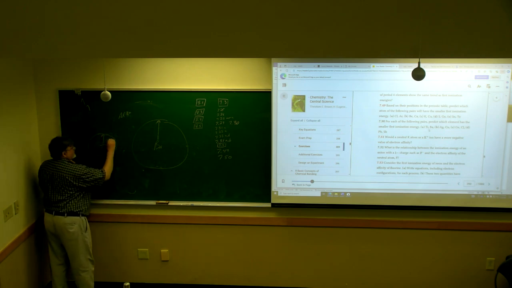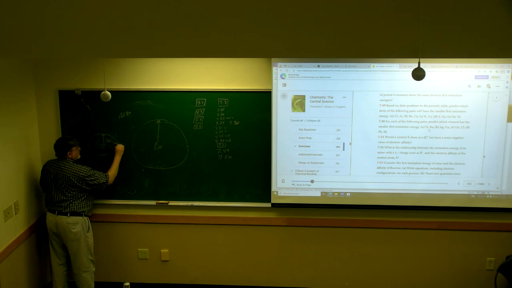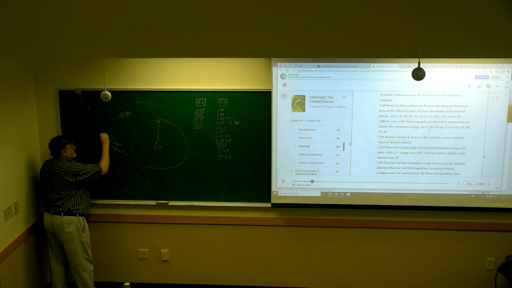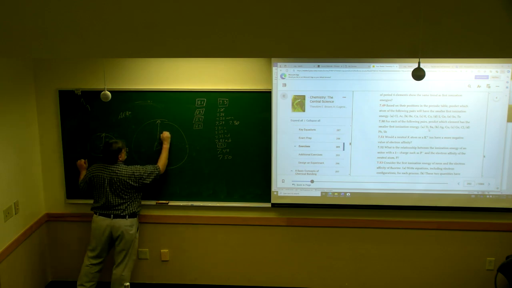This is a stronger attraction because they're closer. The electron out here is further from the protons, so weaker.